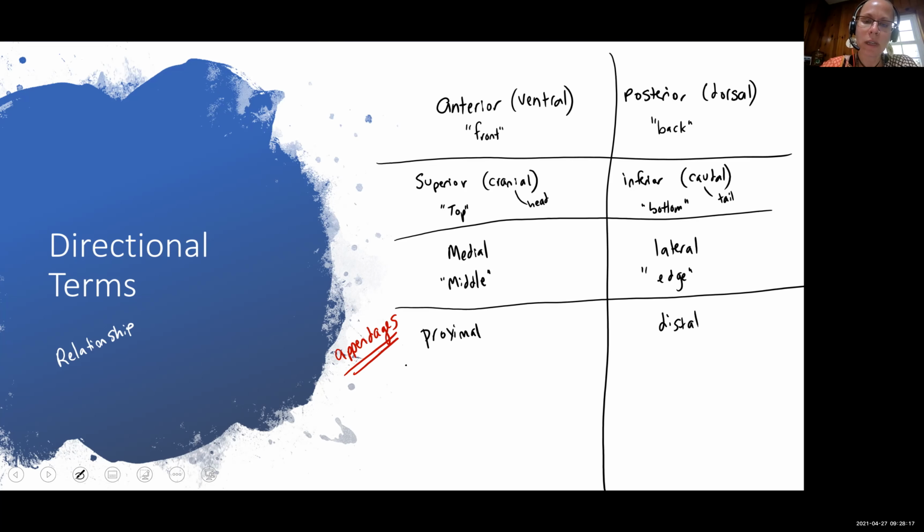So this is going to be close to the attachment point. If we're talking about an upper appendage, that's going to be the shoulder. If we're talking about a lower appendage, the most proximal point would be the hip. Distal then is talking about far away from attachment.